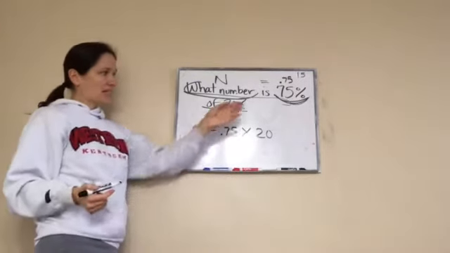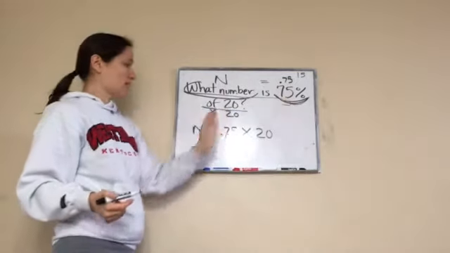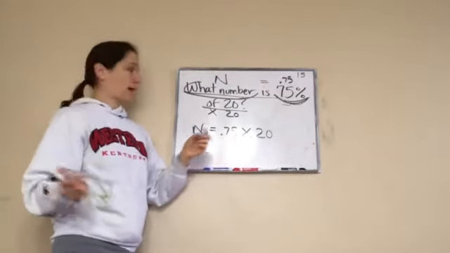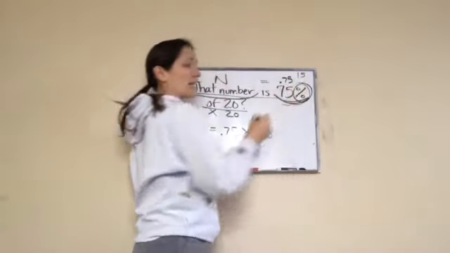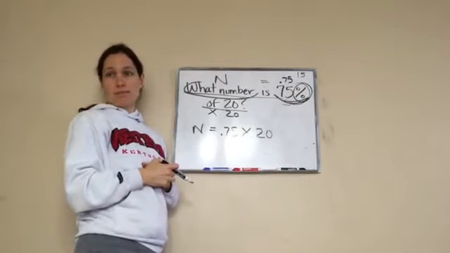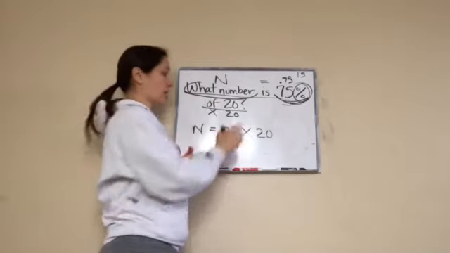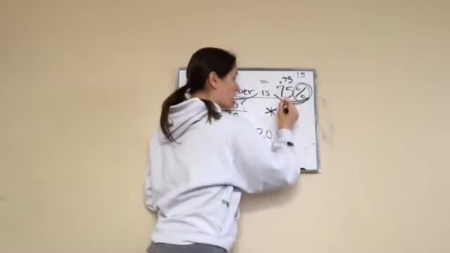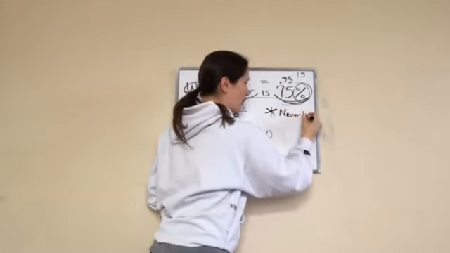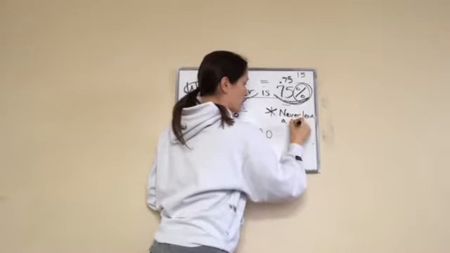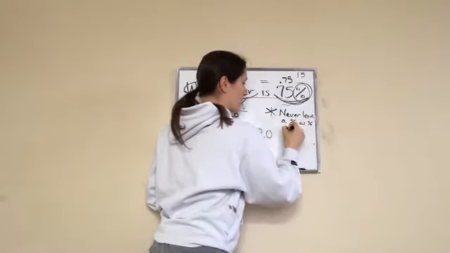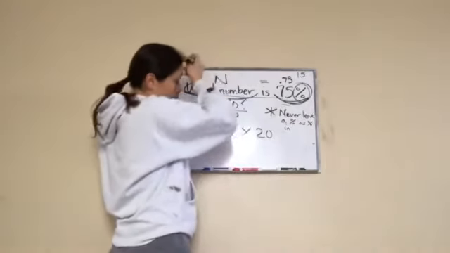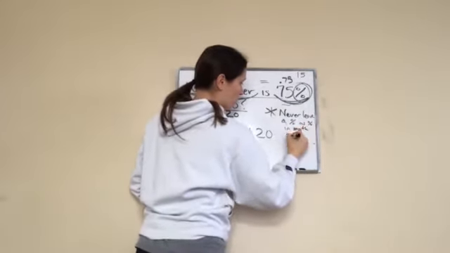Okay, I always think it's easier to make a percent into a decimal number, okay? You don't have to. You can put it into a fraction, okay? You can never leave percent as percent in a math problem. It has to be changed into a decimal or a fraction. You might want to write that rule down. Never leave a percent as percent in a math problem.